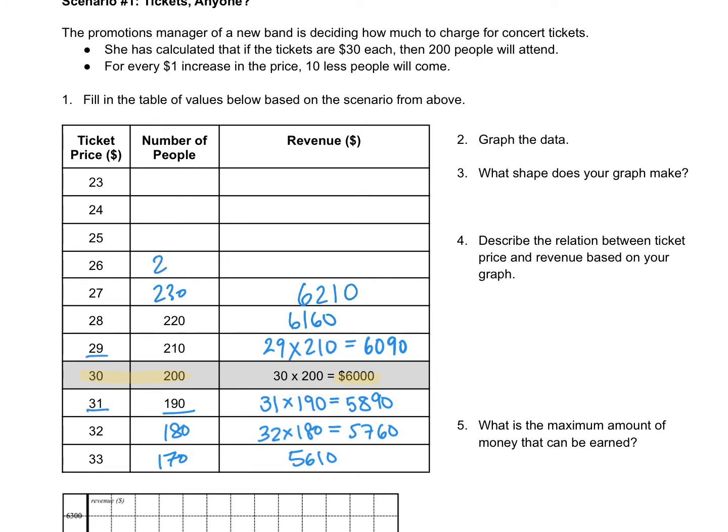So as the price is decreasing, the number of people will continue to increase. And then for our revenue, we're just multiplying the price times the people. So 26 times 240 is 6,240. So again, we're increasing. 25 times 250 is 6,250, again increasing. 24 times 260 is 6,240, so now we're dropping a little bit.